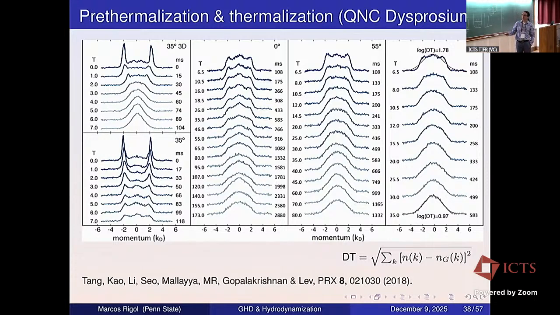So we prepare this state, and from there rotate the field and evolve with different rotated fields. And now what you see is that he can control the time that it takes for the system to not only equilibrate locally, but to thermalize, because now it's the full distribution, it's like this Gaussian. So you see that by changing the angle, you can control this time.